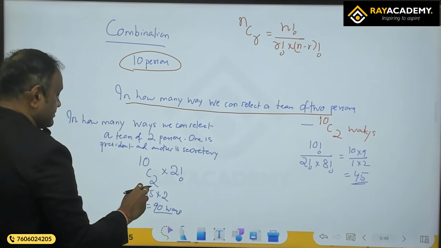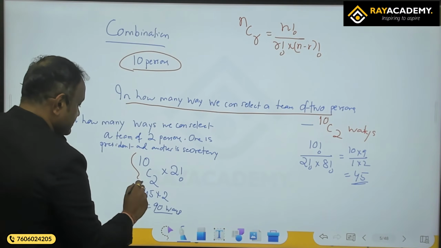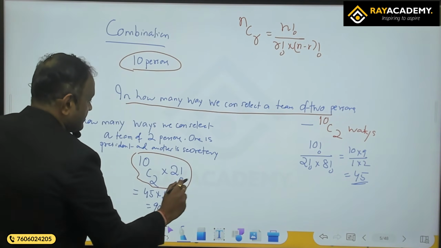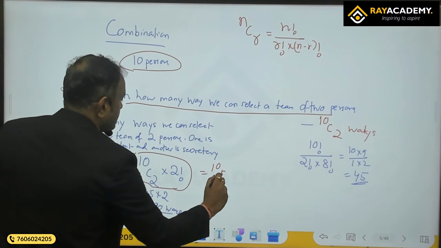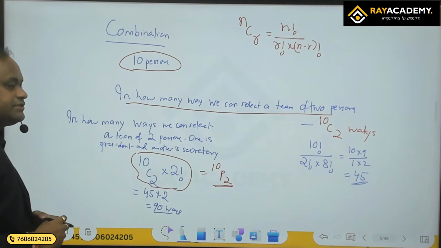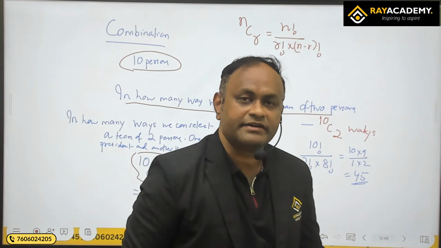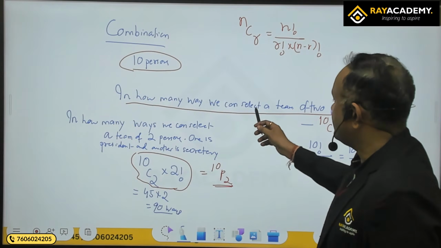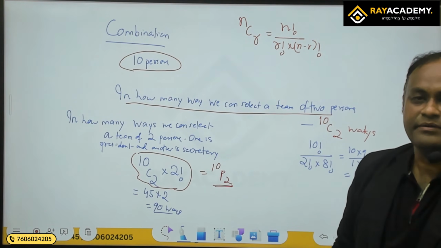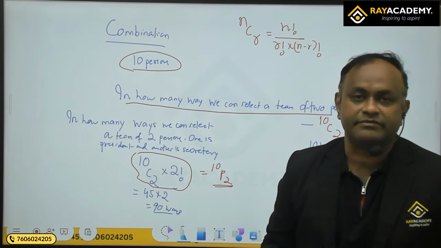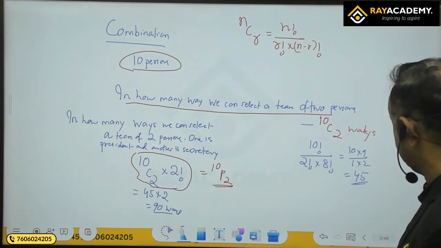So this 10C2 into 2 factorial is nothing but our permutation. This is actually 10P2. Because permutation means you are selecting and at the same time you are arranging also. Combination is only the selection. This is the minute difference between the permutation and combination.